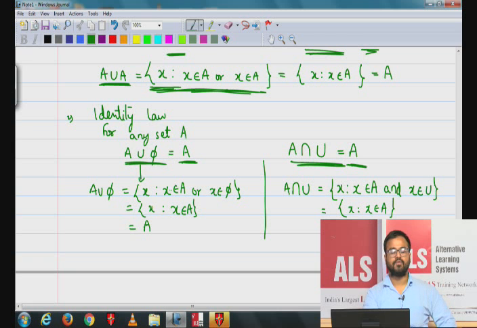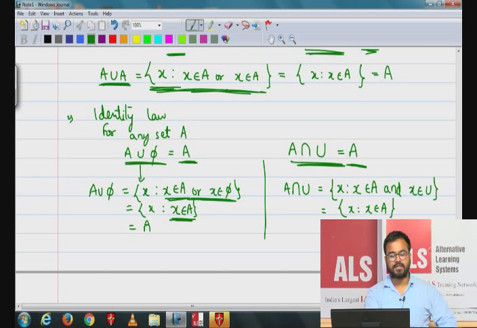And how can we prove this? A union phi, since it is a union, we will write it in set builder form. Set of all X such that X belongs to A or X belongs to phi. We use the operator OR here since there was union. Now you know that between A and phi, the total of them is A again.